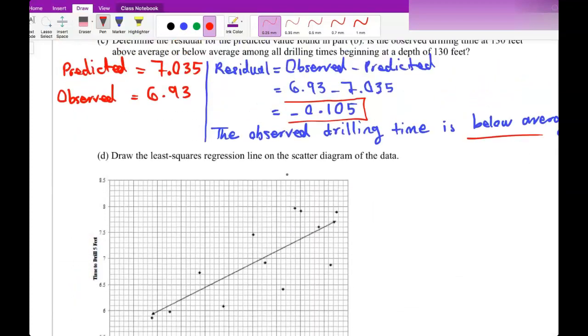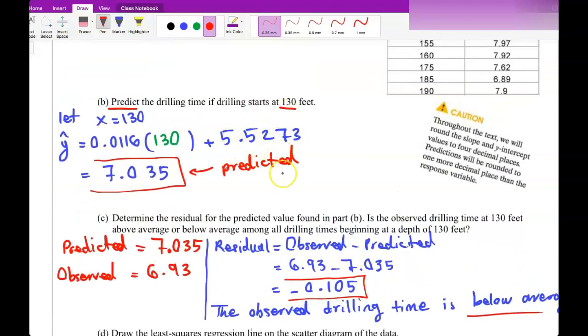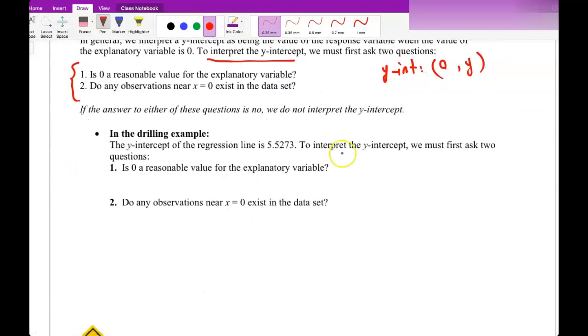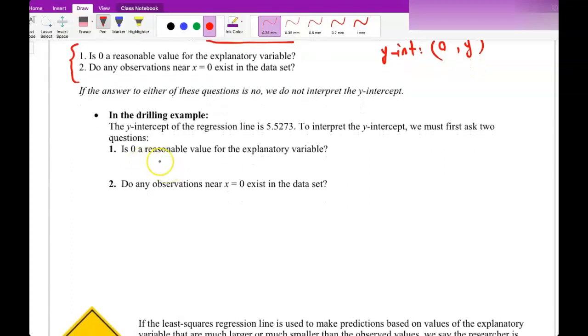In the drilling example, the y-intercept of the regression line is 5.5273, this number here. And to interpret the y-intercept, we must first ask these two questions. Is 0 a reasonable value for the explanatory variable? Yes, because 0 feet would represent starting at ground level.